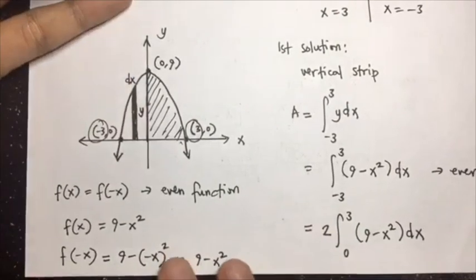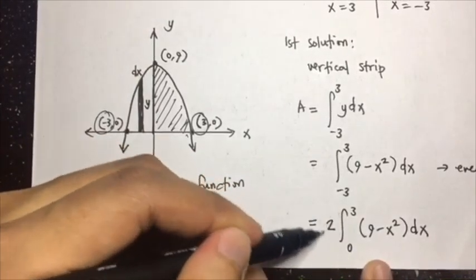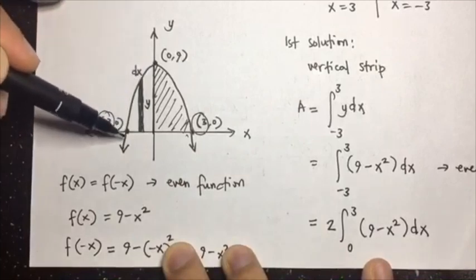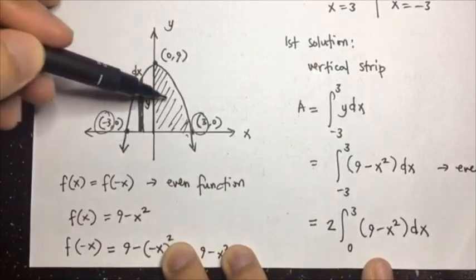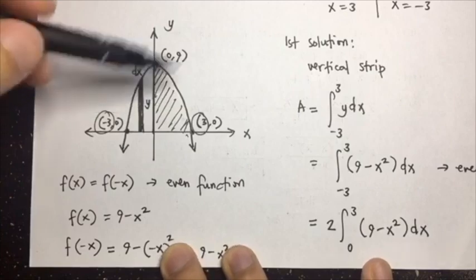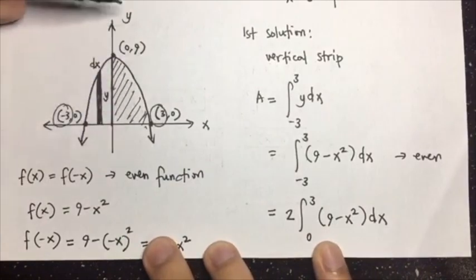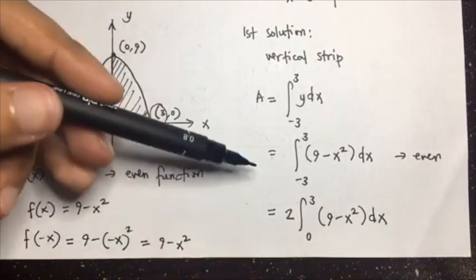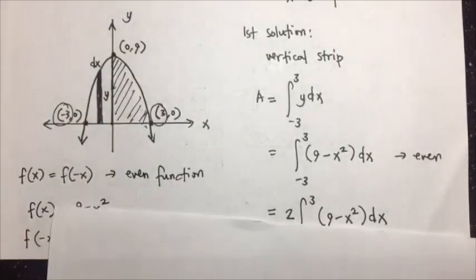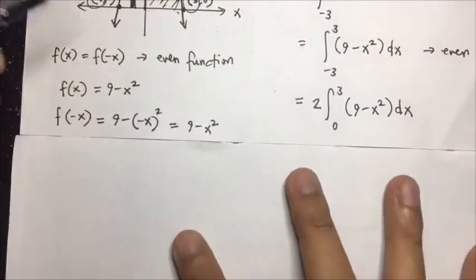But we have a multiplier of 2, so if we multiply it by 2, then it will be the whole area, because these two halves are identical. By using the odd or even function, we can simplify the integrand.